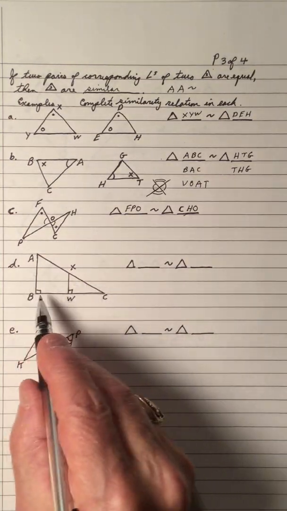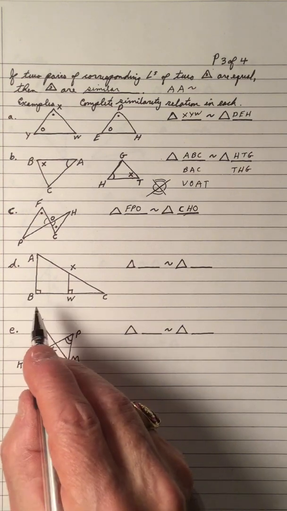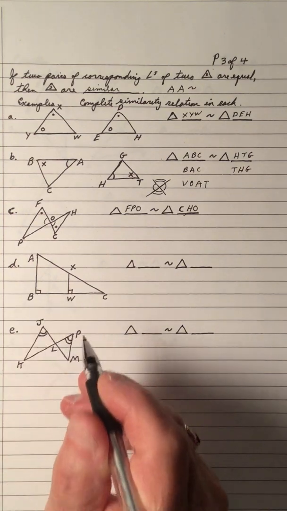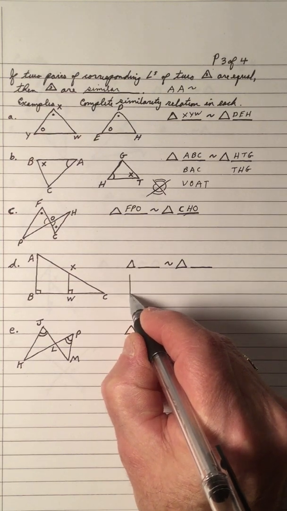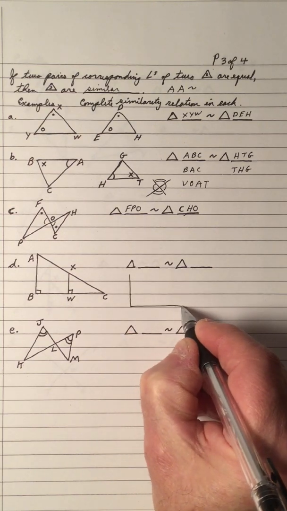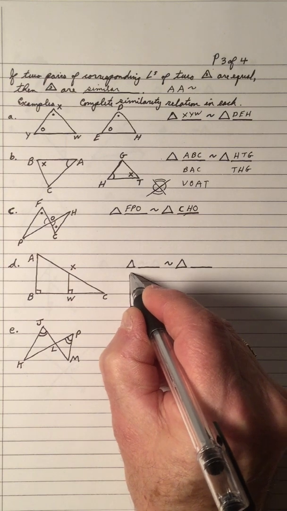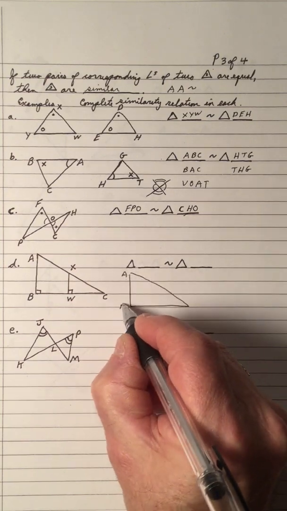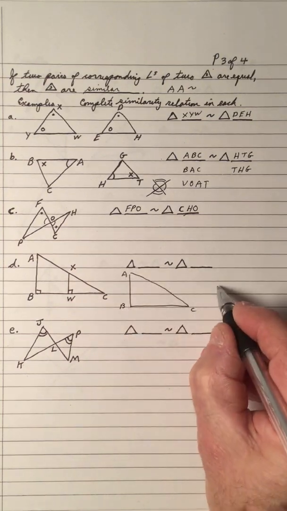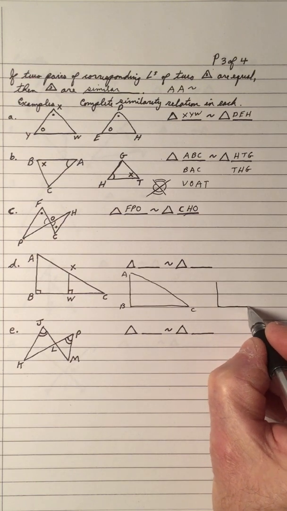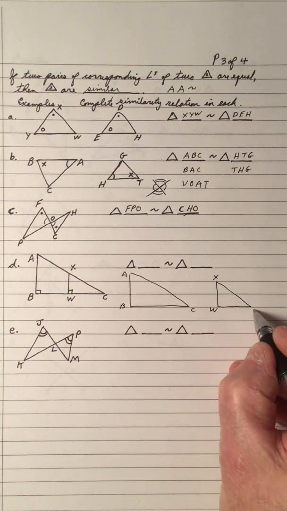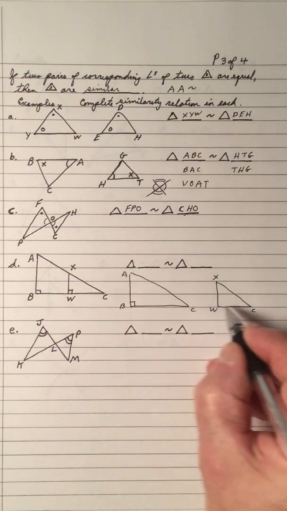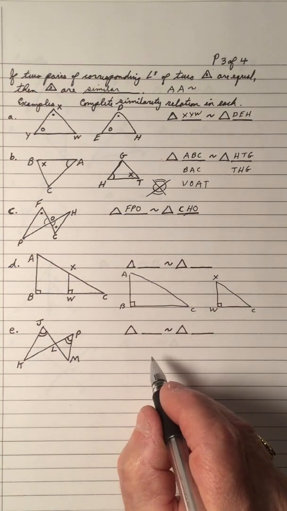D, prove that these triangles are similar. Again, we're working on the AA. We need two pairs of angles. So what I'm going to do now is draw the triangles separate. This triangle here is A, B, C. And this triangle right here is X, W, C. We got a right angle there and a right angle there.